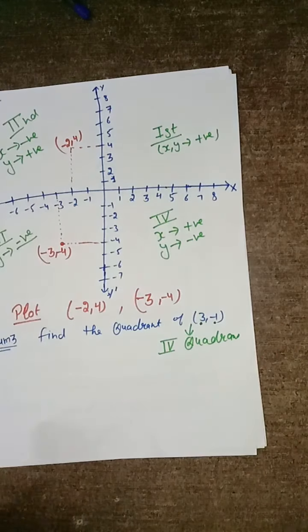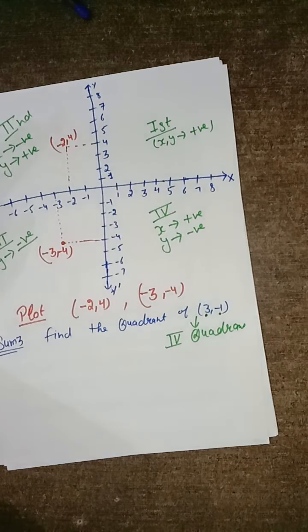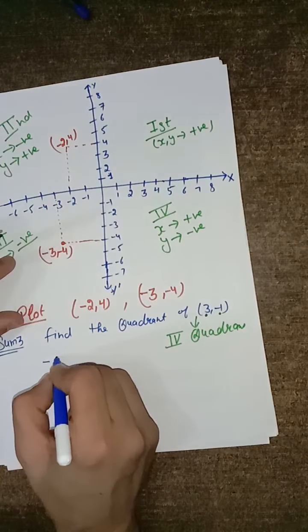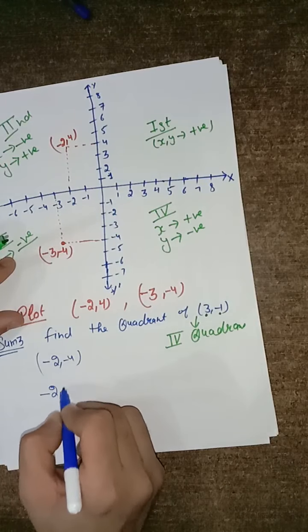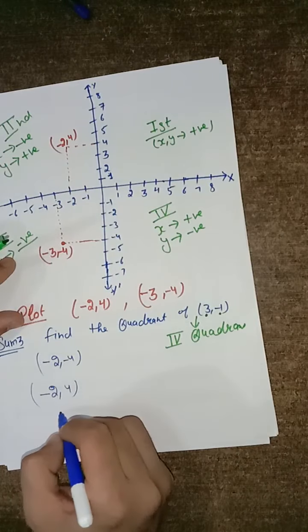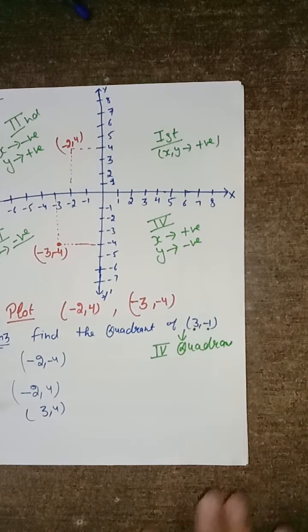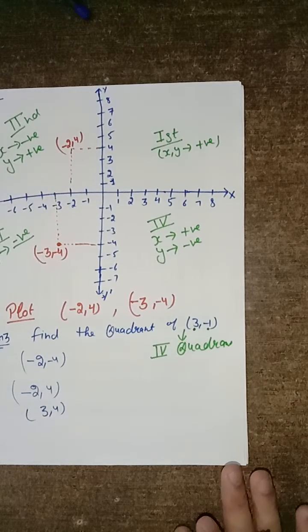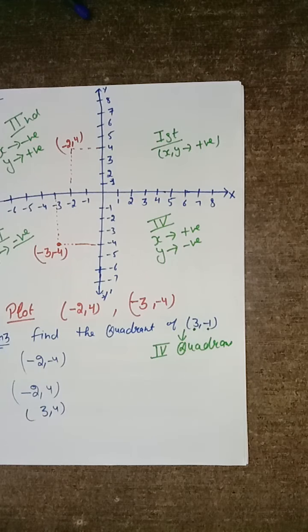Now try to find out the quadrant of points -2, -4, -2, 4 and 3, 4. Try yourself, students.